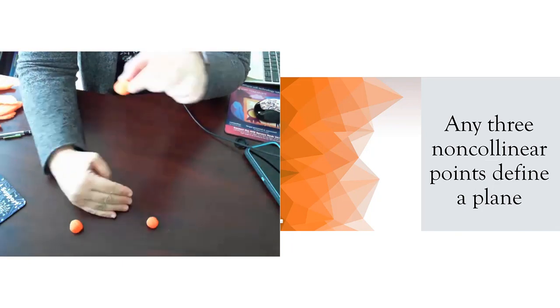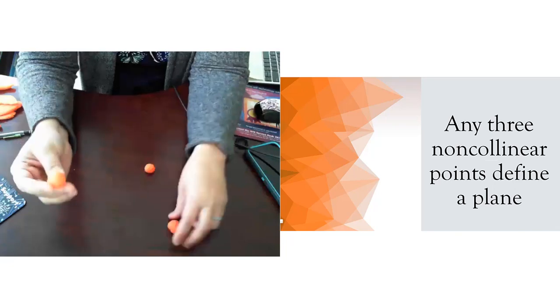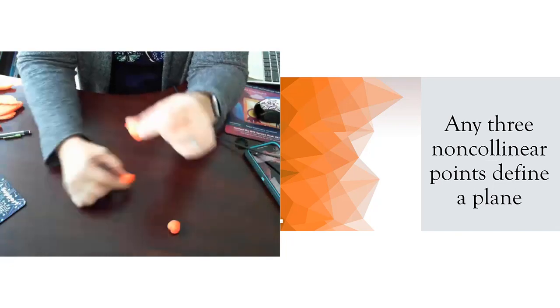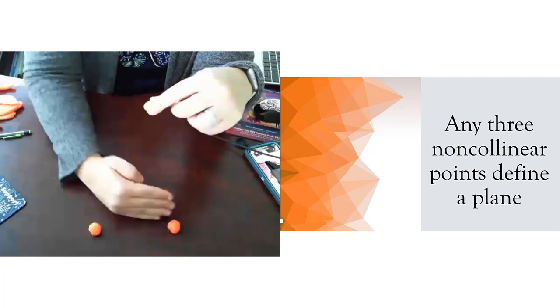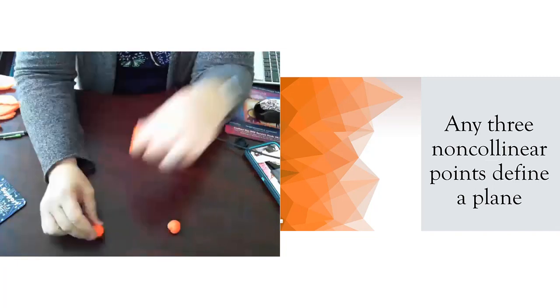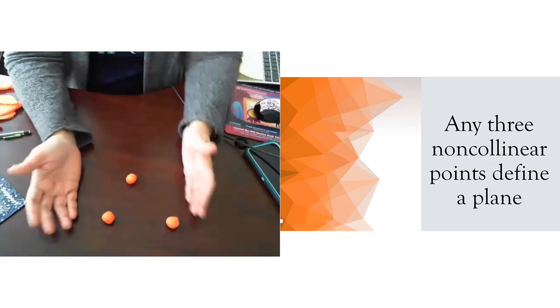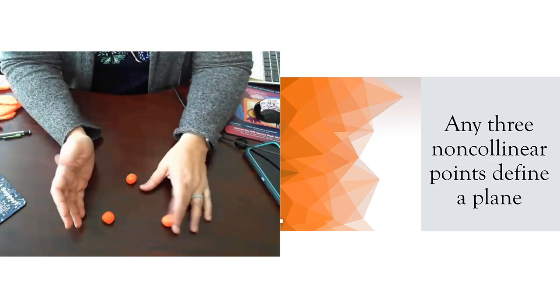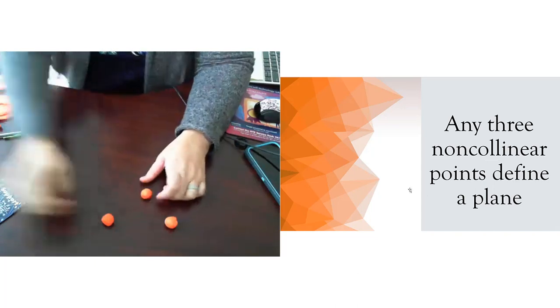And so that's kind of a hard concept for students to understand, but when they start moving these 3 points around and you're like, well, these don't make a plane, well then you're like, yes they do. And so you can challenge them to try to find 3 non-collinear points that don't define a plane, and you can show them every single choice that they make is going to define a plane. It's always going to cut some way through to create a plane.